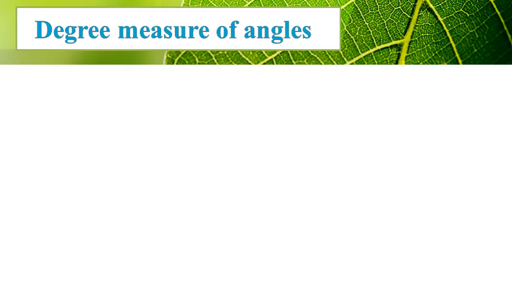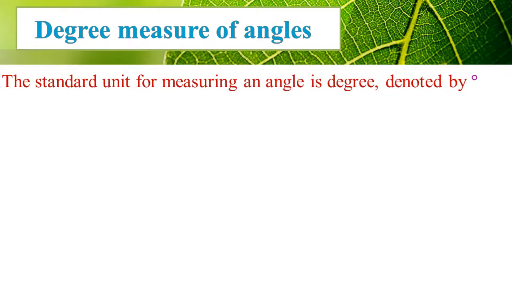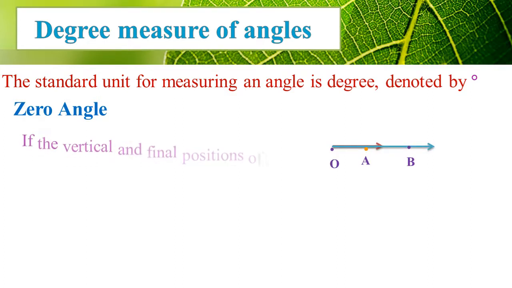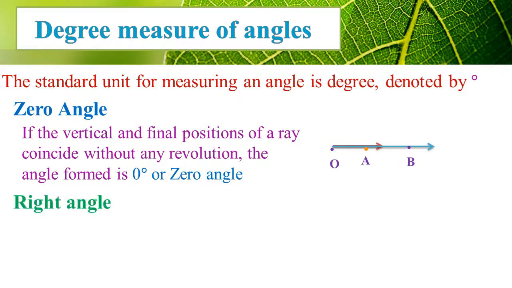Degree measure of angles. The standard unit for measuring an angle is the degree, denoted by a degree symbol. Zero angle. Look at this picture. If the initial and final positions of a ray coincide without any revolution, the angle formed is 0 degrees, or else you can say zero angle.